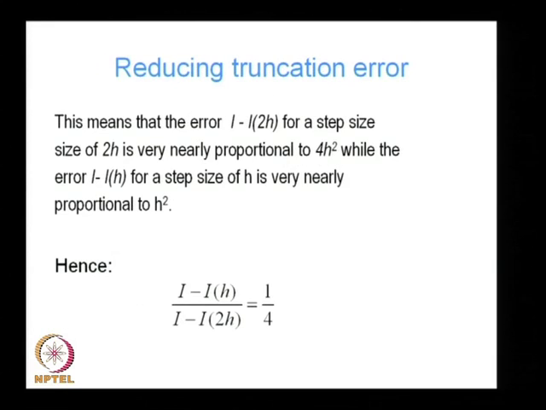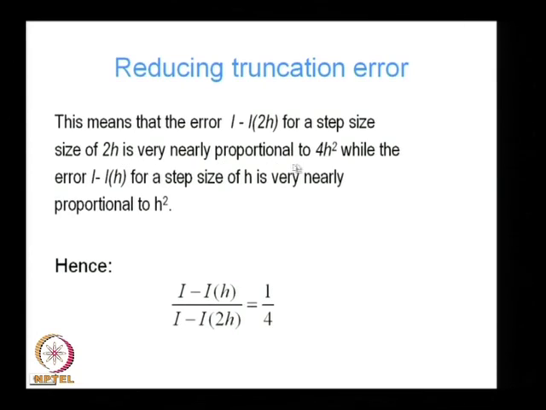Thus, what it means is that the error between I and I of 2h, where I is the exact value of the integral and I of 2h is the result of our trapezoidal integration scheme with a step size of 2h, is going to vary quadratically with respect to the step size.